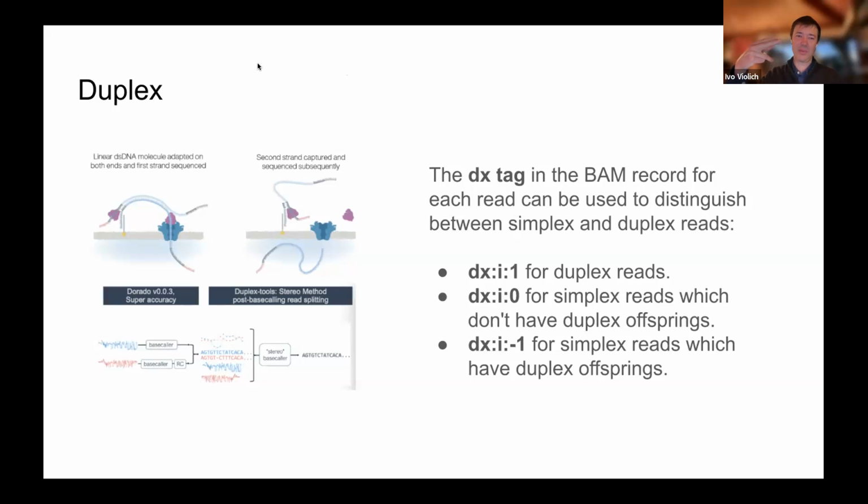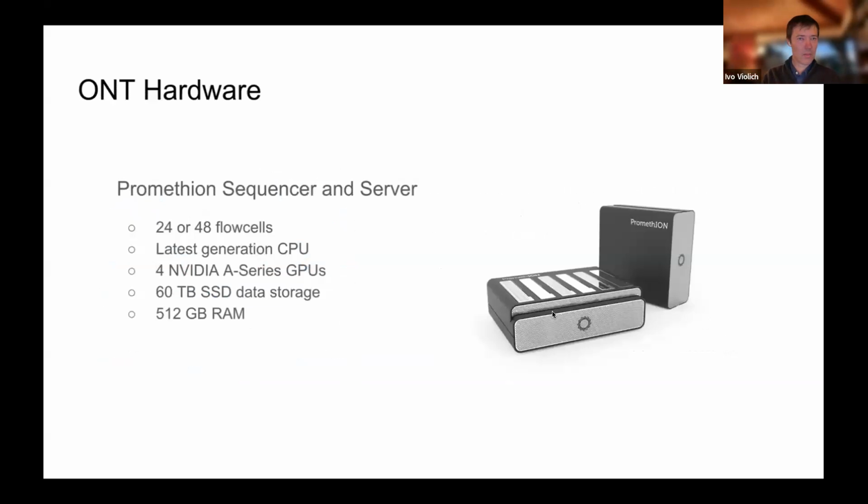To create a duplex read, you need 2 simplex reads. All these are stored in the same BAM, and then you do a split command with SAMtools to get a purely duplex read BAM, a purely simplex read BAM, and then the simplex that created duplex reads. So you get 3 BAMs out of it. One thing to note is that you do get some simplex data out of this. But again, it's not as long as ultra long.